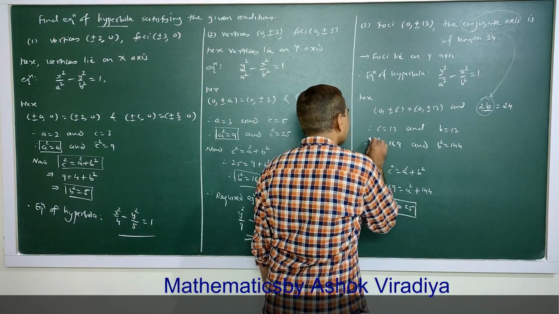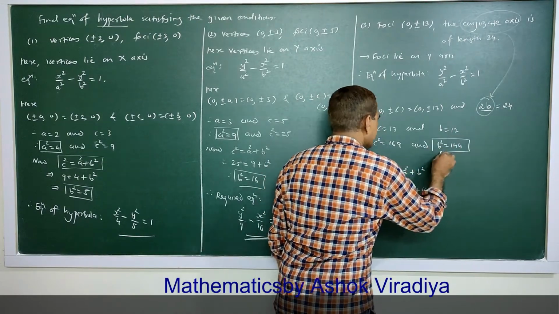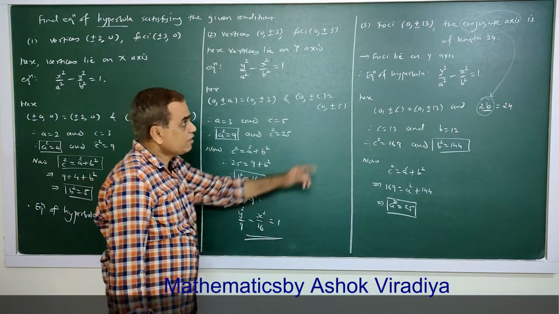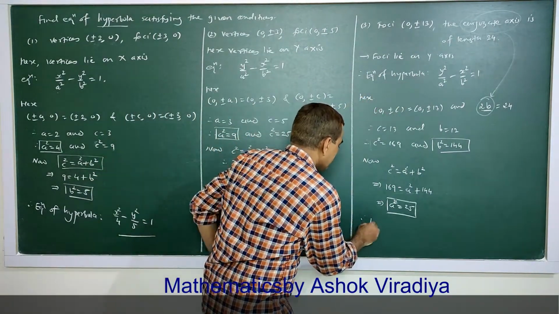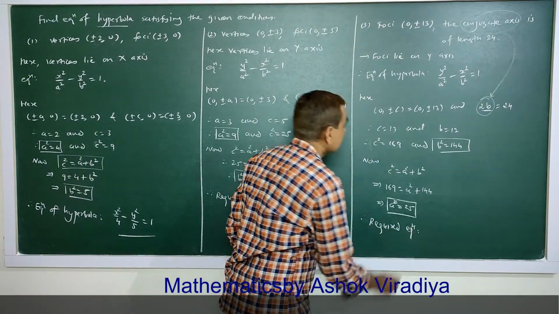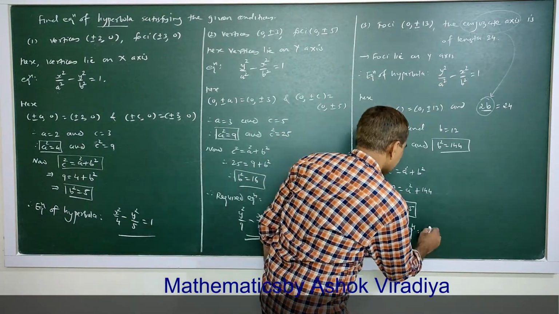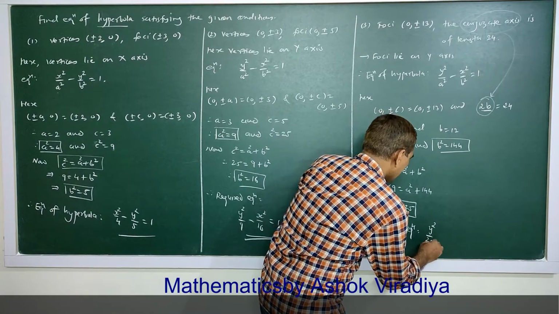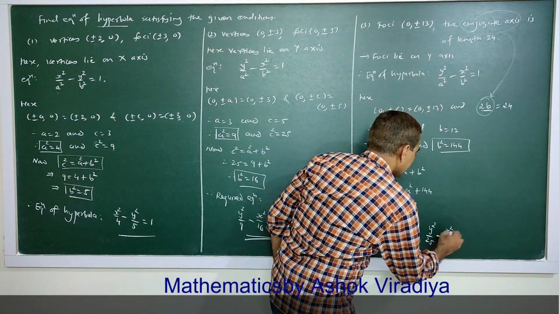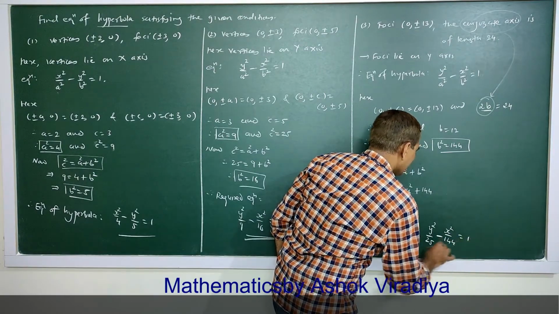a square is obtained, b square is derived, and putting the values in this equation, the required equation is y square upon a square minus x square upon b square equal to 1.